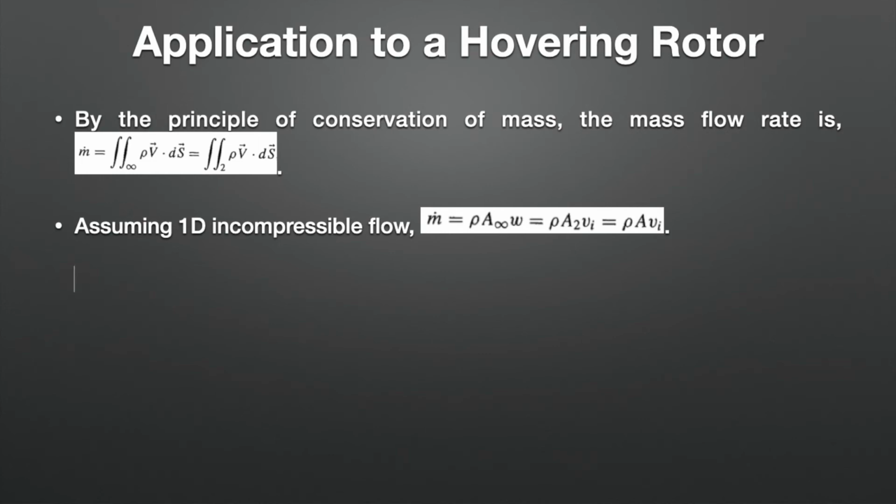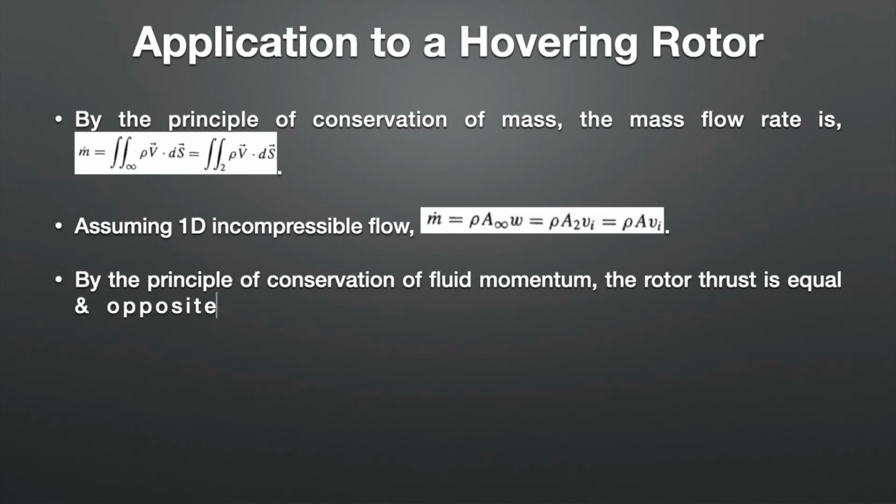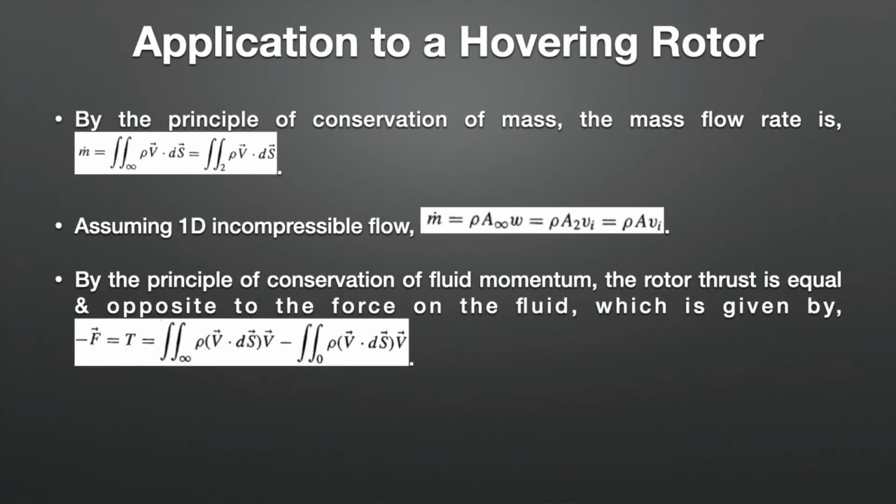The principle of conservation of fluid momentum gives the relation between rotor thrust T and the net time rate of change of fluid momentum out of the control volume, that is Newton's second law. The rotor thrust is equal and opposite to the force on the fluid.